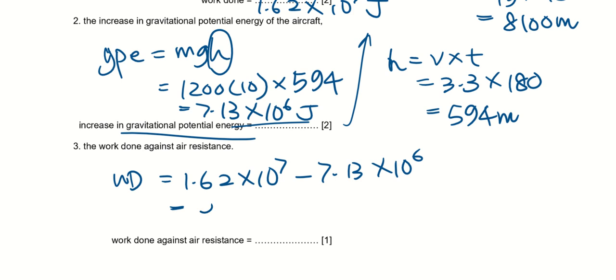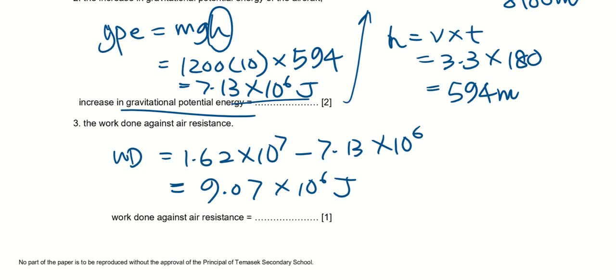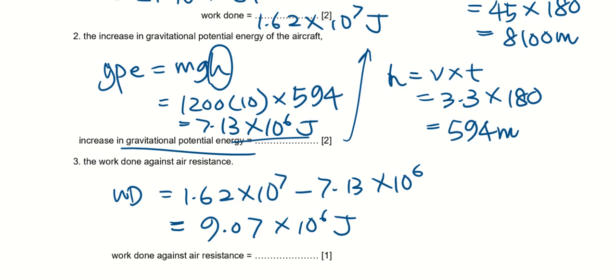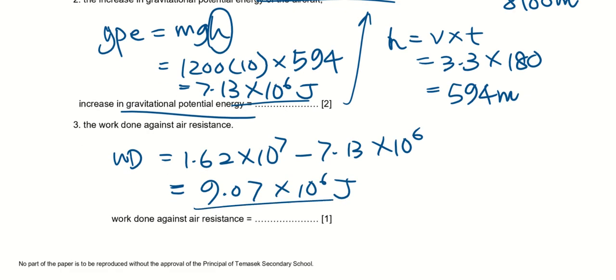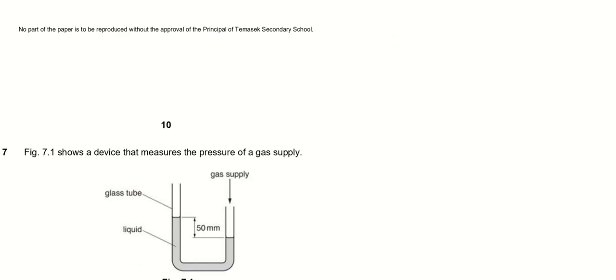I'll get a value of 9.07 times 10 to the power 6 joules. This is the work done against air resistance, because the transfer of energy to the gravitational potential store wasn't this value. So there must be some work done against air resistance that results in energy being transferred to the internal store of the surroundings.